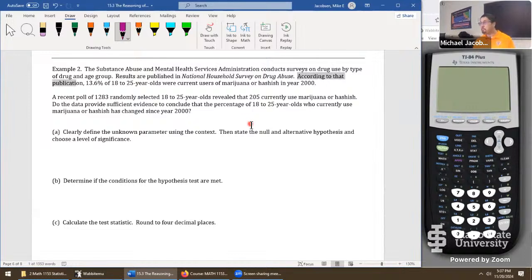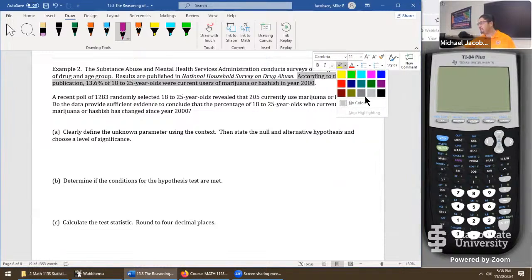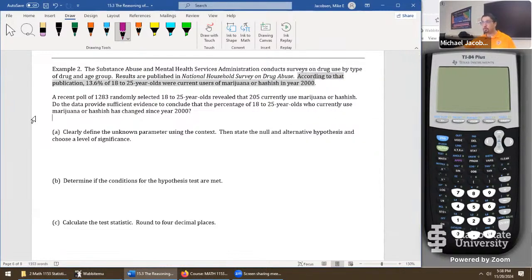According to that publication, we're told 13.6% of 18 to 25-year-olds were current users of marijuana or hashish in year 2000. I'll just paraphrase that to users of marijuana. I'm not sure why they specified that right there. That seems important. Let's just give it some temporary highlighting for the moment and see what's going on in the next part of the problem.